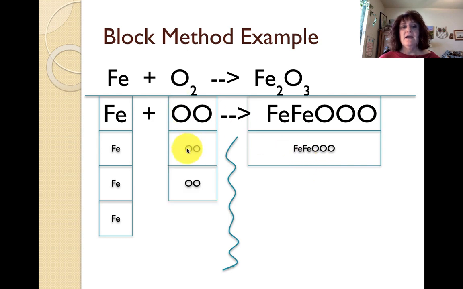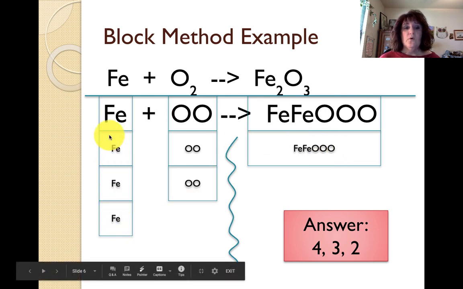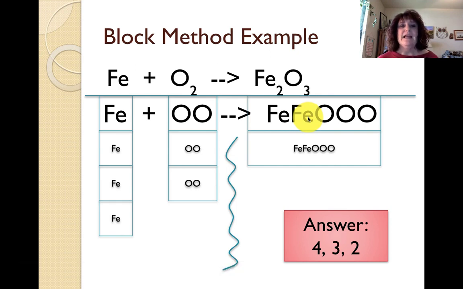So when I add a block of oxygen, I get my final answer because everything is balanced. 4 iron, 6 oxygen, 6 oxygen. And my answer is the number of layers. 4, 3, 2. It's not the number of atoms, it's the number of layers of blocks.